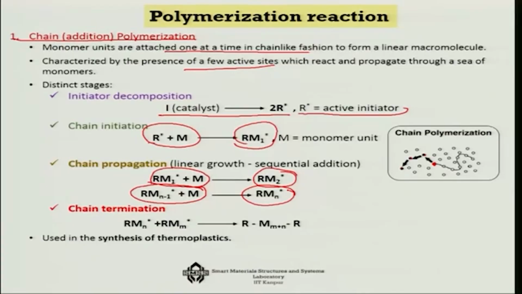That process will stop when one of these RMn* reacts with another RMm*, then there will be an RM(m+n)R formation. So as both sides of the polymer now have R's, it will lose its cutting teeth. That means the chain polymerization will stop at that instant. So that is the addition or chain polymerization.